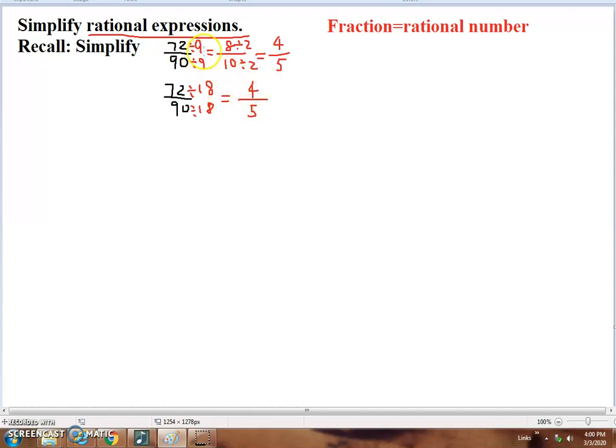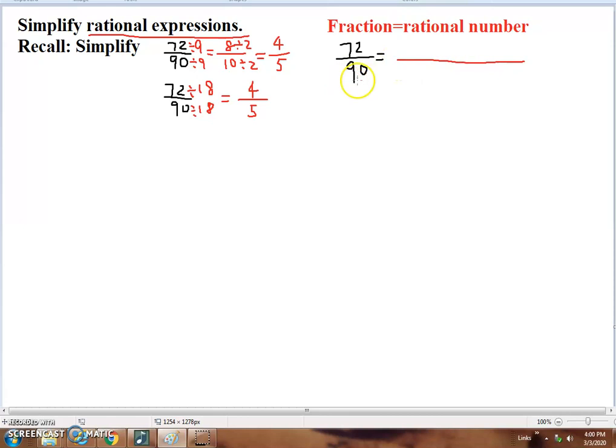So there are different ways to do the problem. And if you can't even see that 9 goes into both of them, we can also do the other way, breaking down each number. So instead of trying to just figure out what number goes into both of them, we can break them down, and that will help us see what number goes into both of them.